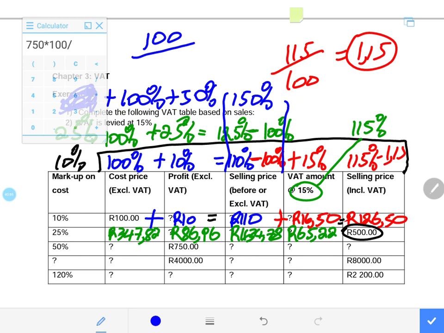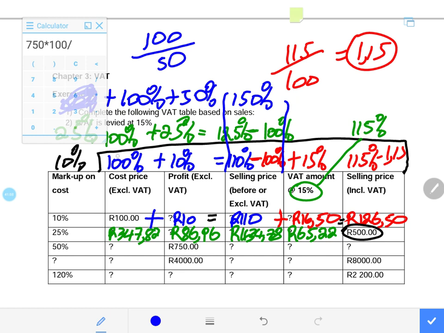So we say 100, which is what we are looking for, cost price being 100%, divided by 50, multiplied by the amount we have, and this will give us 1,500. That means the cost price is 1,500 rands.